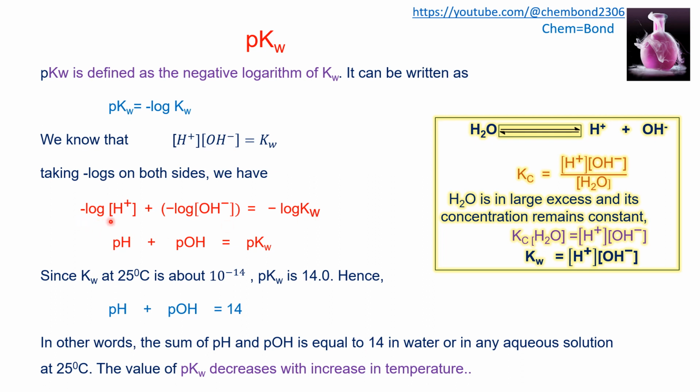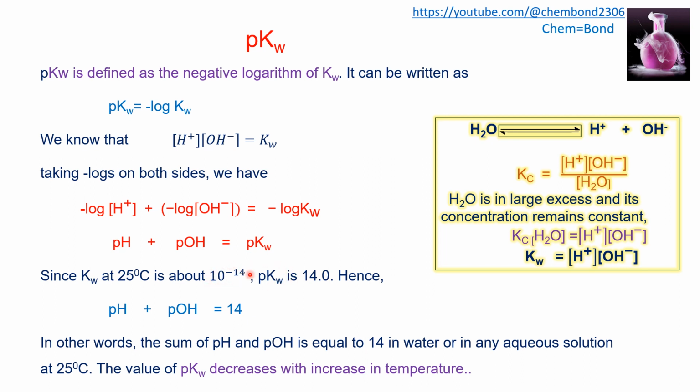Now we know that minus log of hydrogen ion is equal to pH, plus remains the same in the formula, minus log of hydroxide ion is equal to pOH, and minus log of Kw is equal to pKw. Now the Kw at 25 degrees C has the value 10 to the power minus 14.